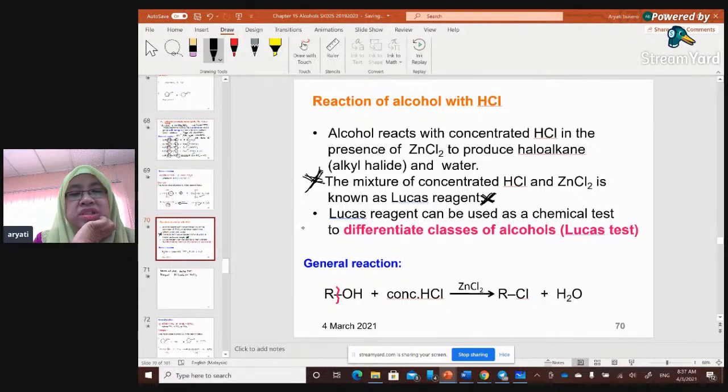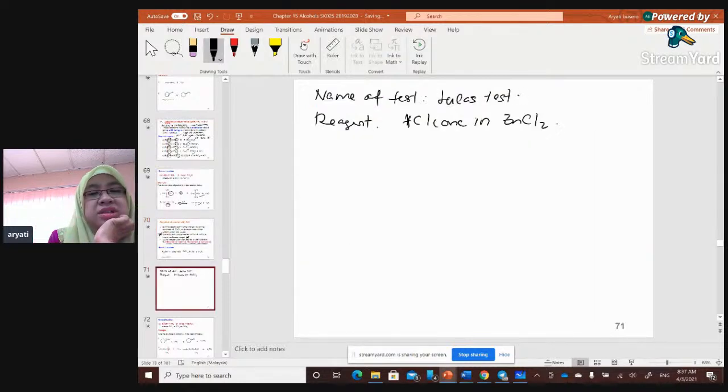Okay, so Lucas reagent can be used as a chemical test to differentiate the class of alcohol. So what is the purpose ataupun what is the reason we do the Lucas test? To identify class of alcohol.